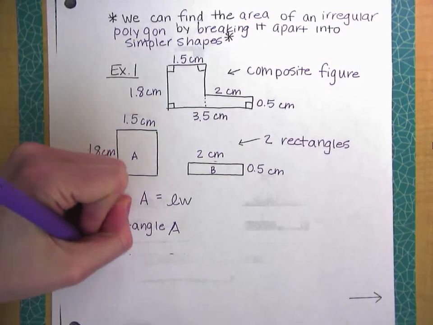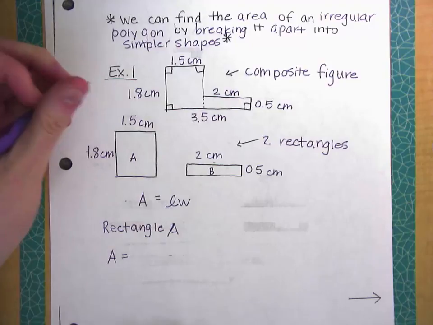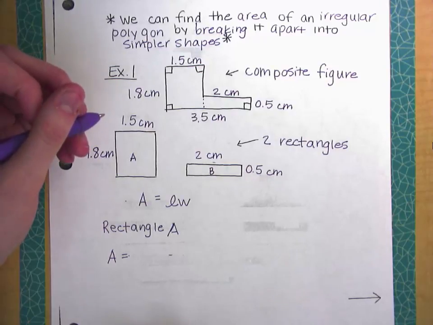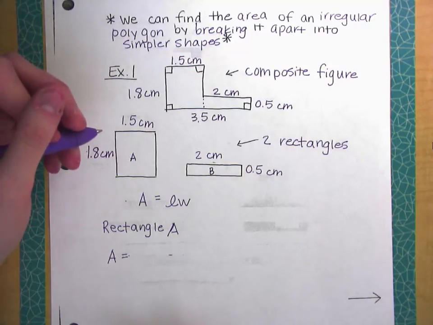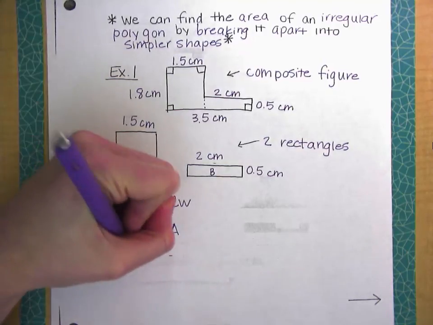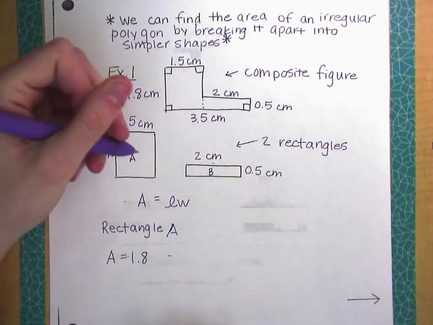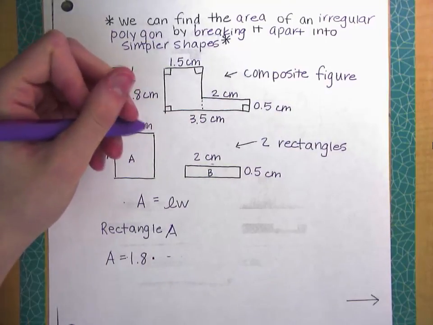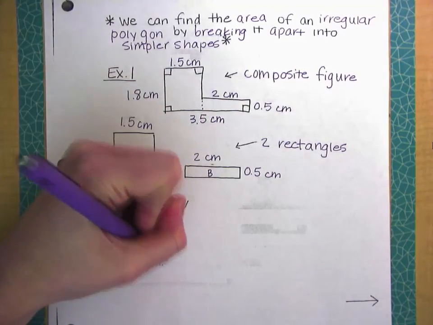Okay, so what is my length? What's my length? Remember, the length is the longer side. So we have 1.8 times the width, which is what? 1.5.